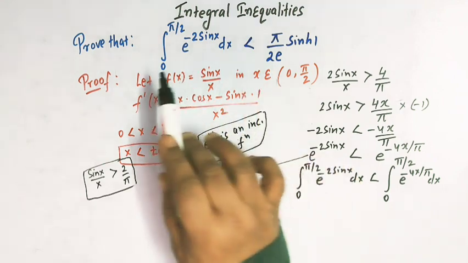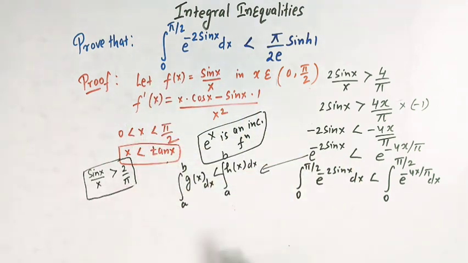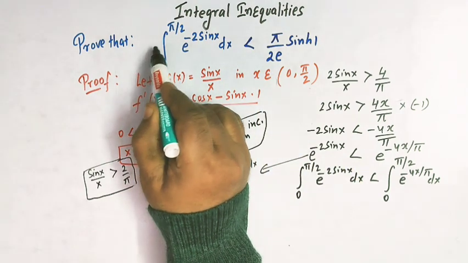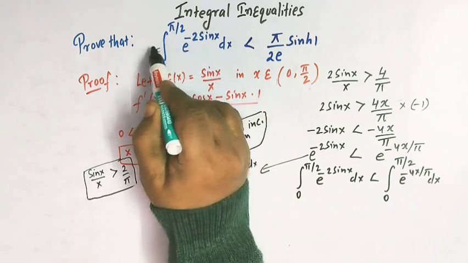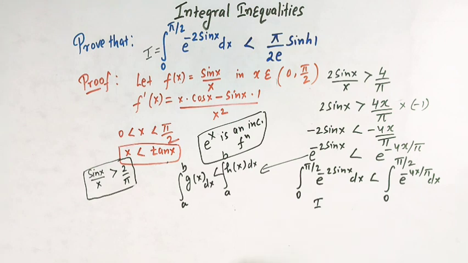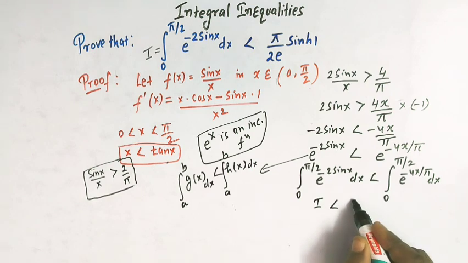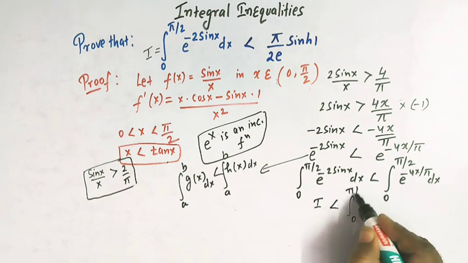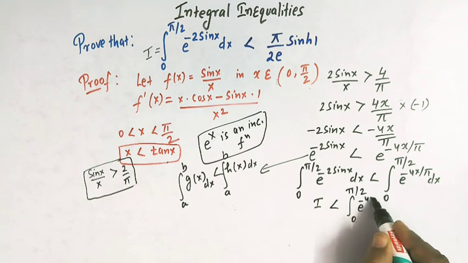Here a is 0 and b is pi by 2, right? So let us denote this integral by I for simplicity. So I is less than the integral from 0 to pi by 2 of e raised to minus 4x over pi, and here we have dx.